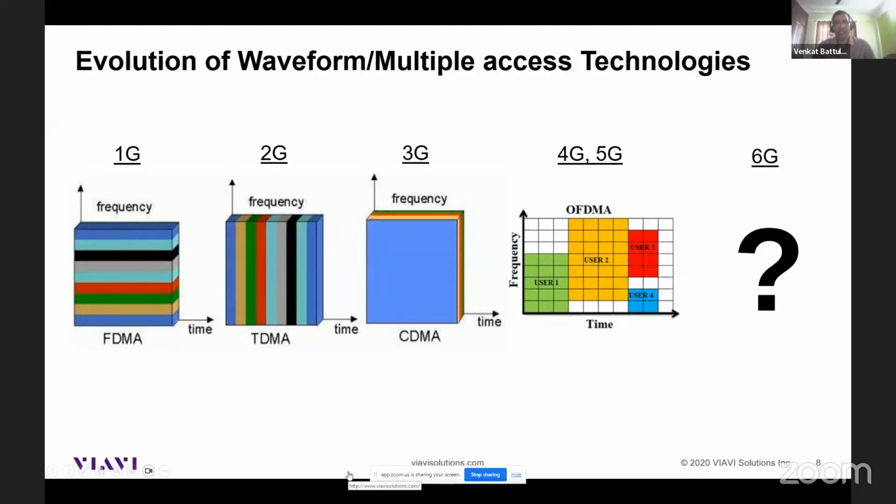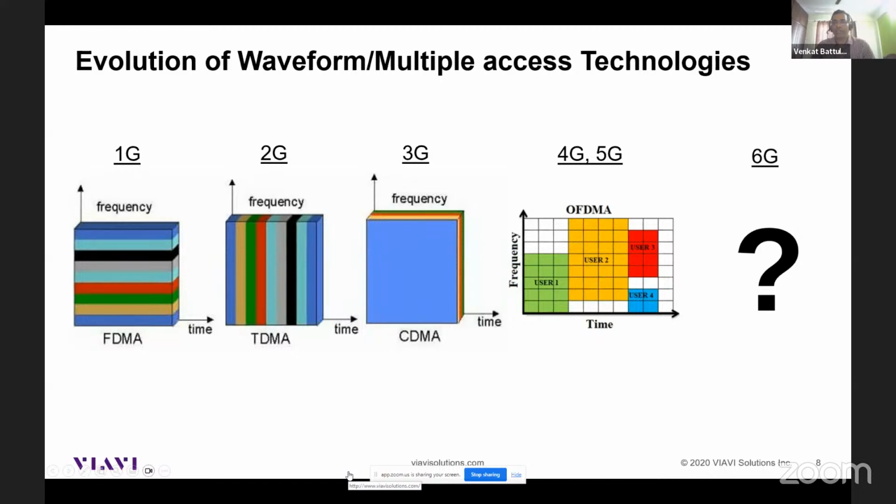In a very primitive case, the frequency is divided and allocated to one user, whether that user requires that frequency all the time or not. There is frequency division multiple access, time division multiple access, and then 3G is CDMA. That's where I started my career. Third generation wireless is code division multiple access, which is your traditional WCDMA.